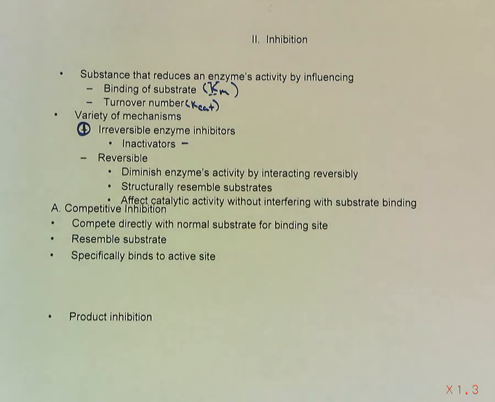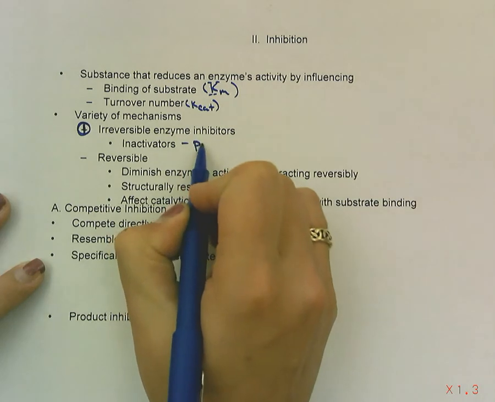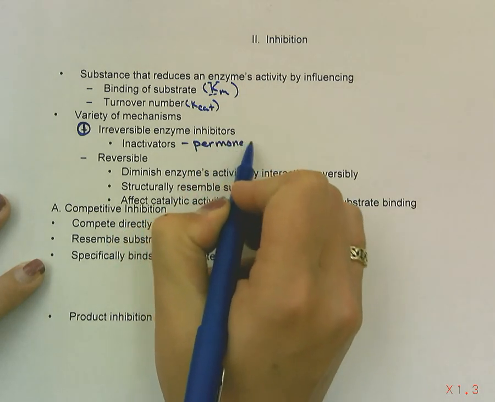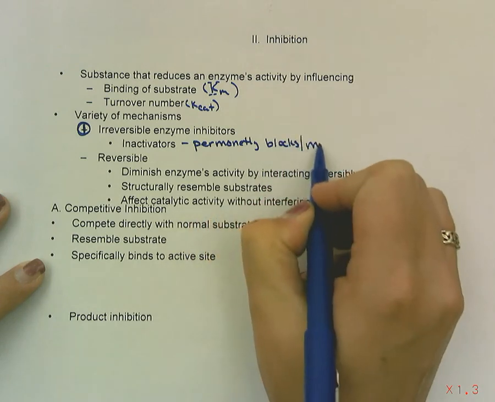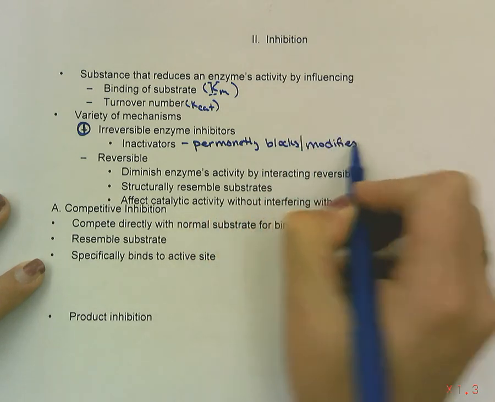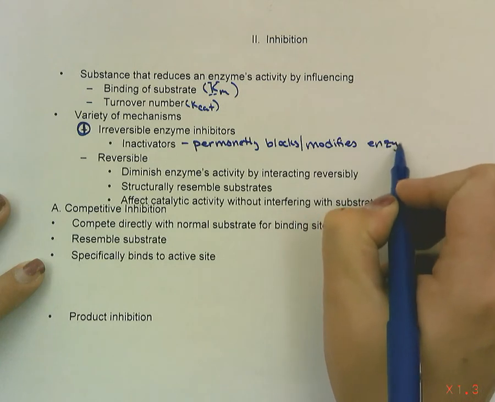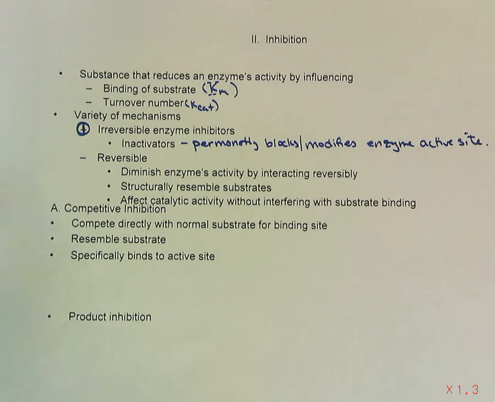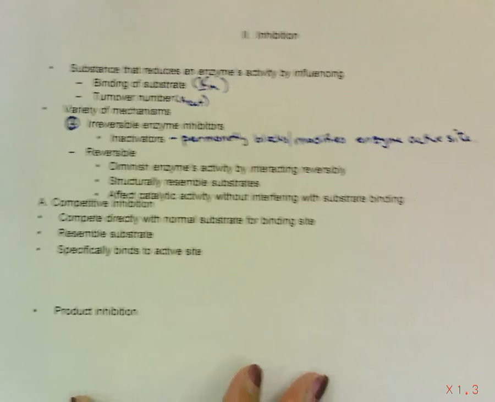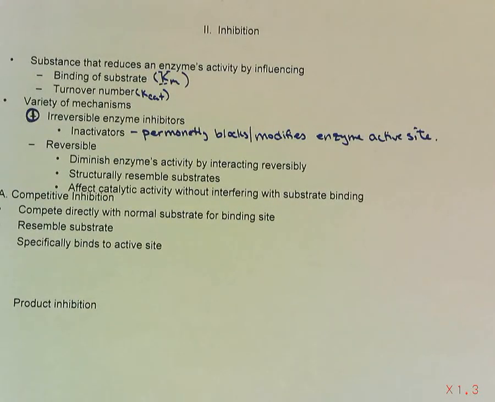As the name describes, an inactivator permanently blocks or modifies the enzyme's active site. So if it permanently blocks or modifies the enzyme active site, it is no longer able to interact with a substrate and can no longer make products.